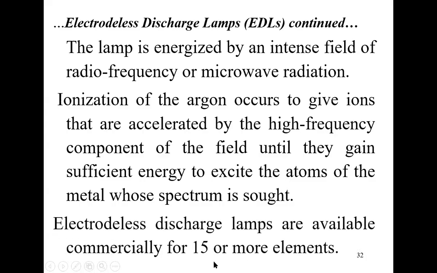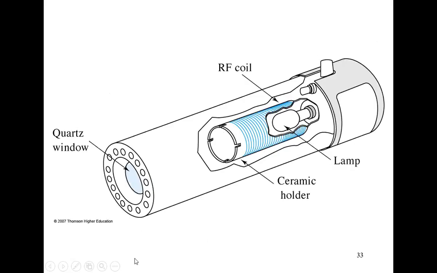Now, electrode-less discharge lamps are available for how many elements? By this time, about 15 or more, not as many elements because of the fabrication, putting the salt all the time, okay? So that's why they are limited, and they will cost more.